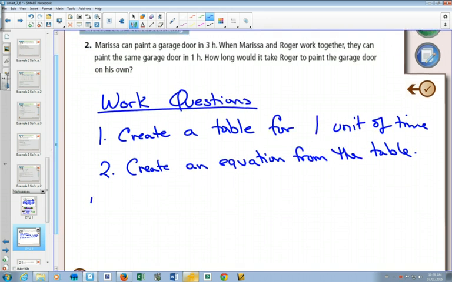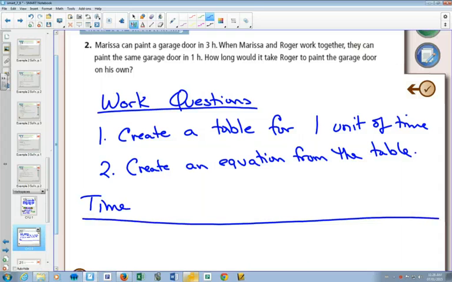So what it will look like is your table. We will put time first and we'll choose 1 unit. In this case, our unit is hours. So 1 hour would be 1 unit of time.